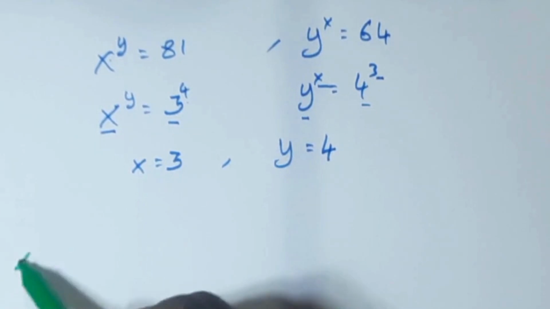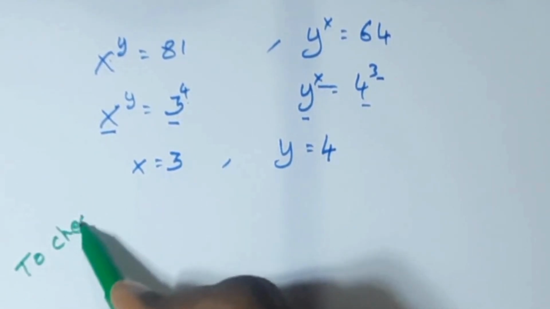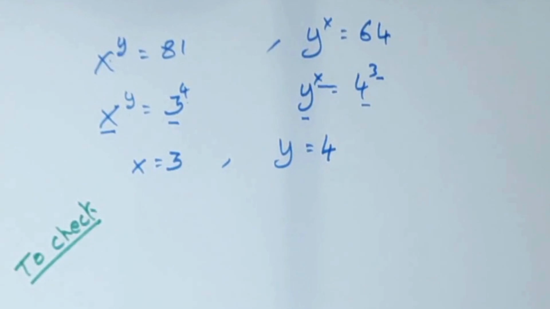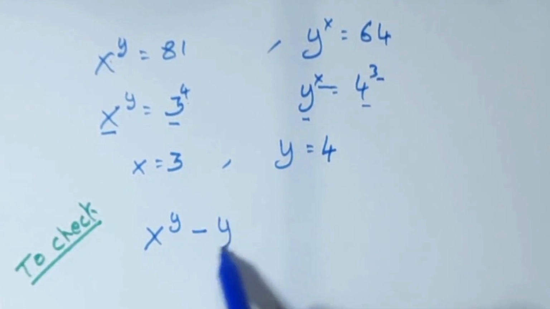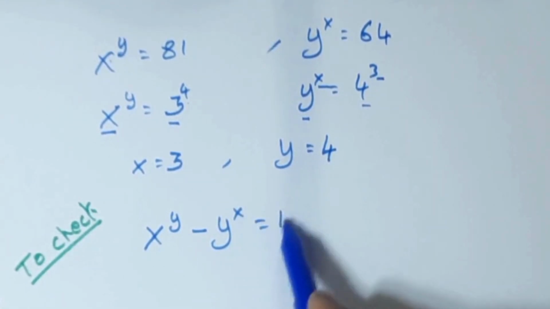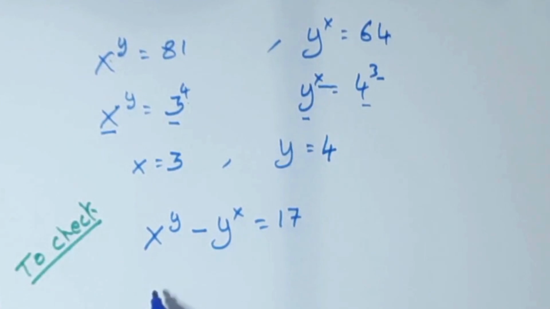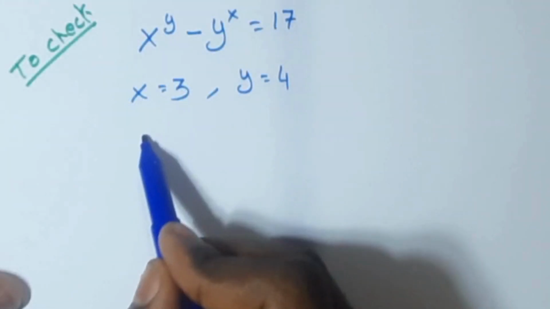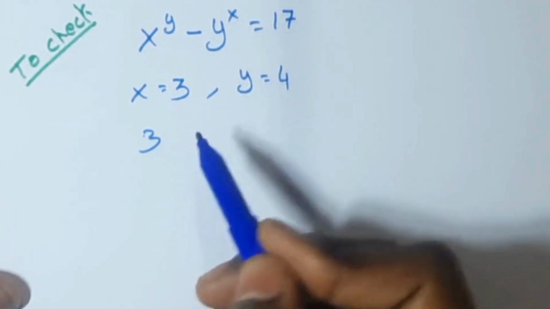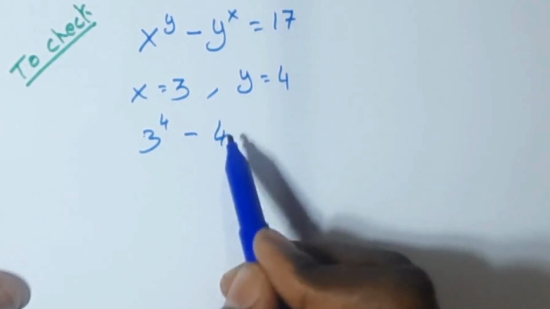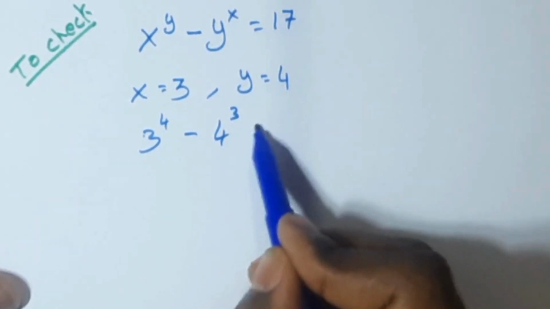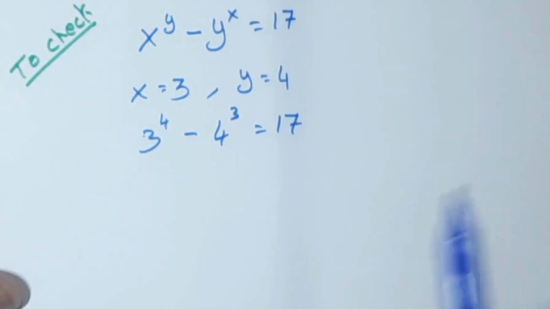Going to check this with the equation x to the power of y minus y to the power of x equal to 17. Now the value of x will be 3 and y will be 4. We replace by 3 to the power of 4 minus 4 to the power of 3 equal to 17.